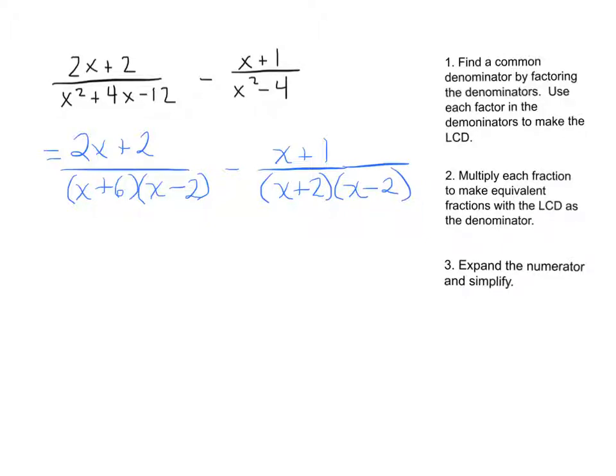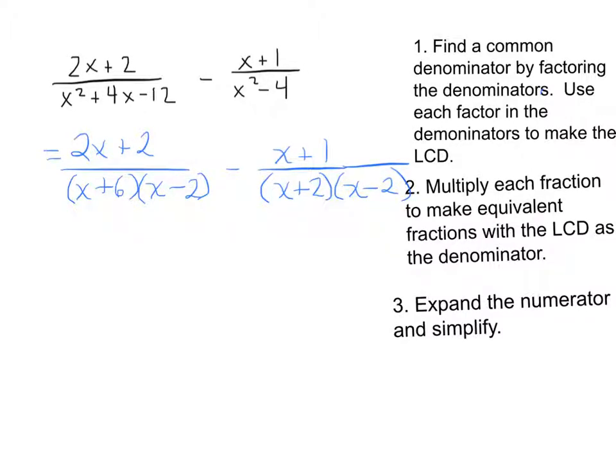That's going to be the first step. If you notice that the numerator can be factored, it might be useful to do it sometimes. But really only if there's a common factor in the numerator and the denominator. And there wouldn't be here, so I'm just going to leave the numerators. But the denominators become x plus 6 times x minus 2 and x plus 2 times x minus 2. And those are the prime factorizations.